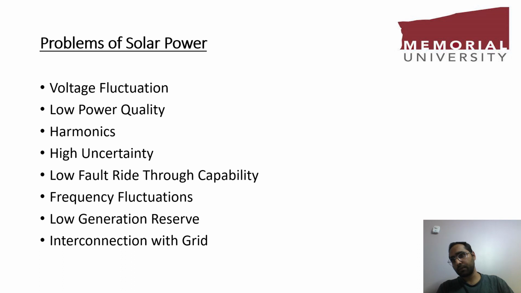The involvement of power electronic devices creates harmonics, which ultimately lowers the power quality. Further to this, it has low fault ride through capability. Whenever the solar power plant senses any fault, it disconnects itself very quickly from the main system.